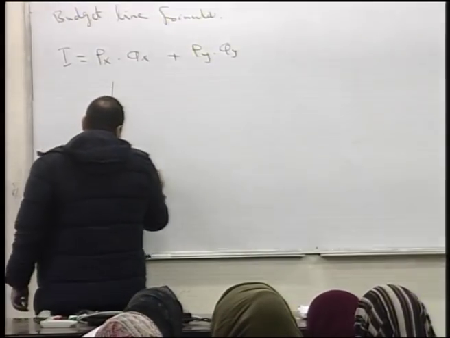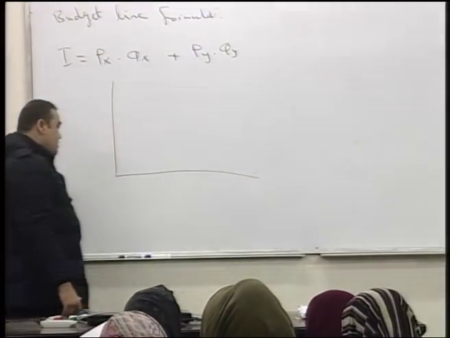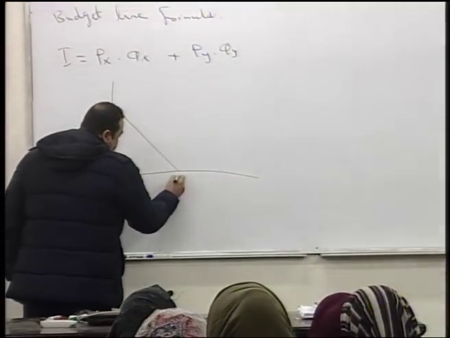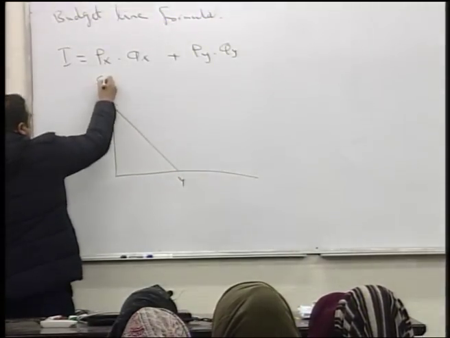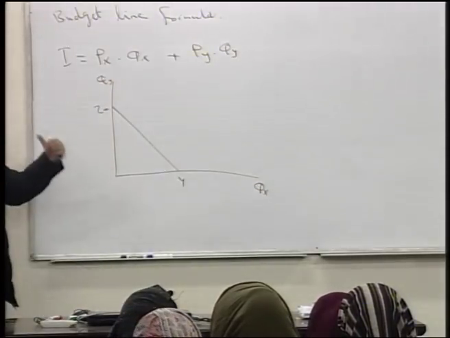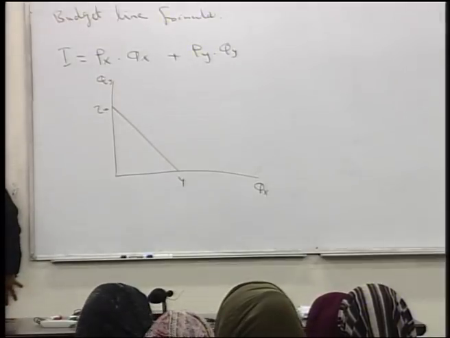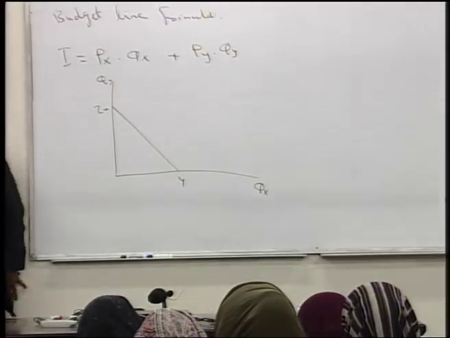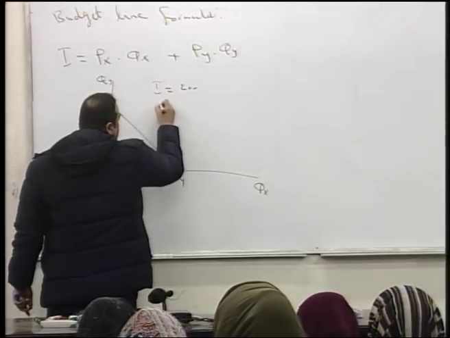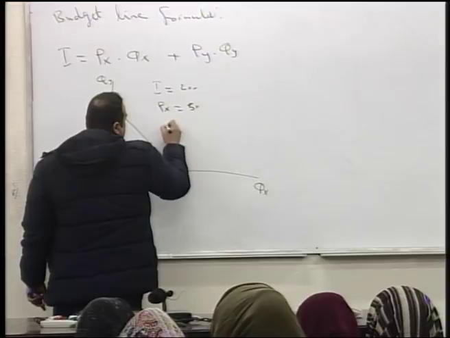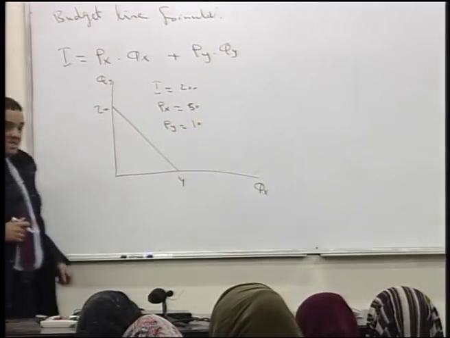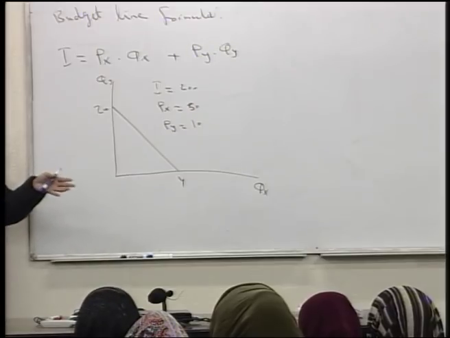Now, if we have the following budget line, 4 and 20, quantity of Y, quantity of X, from the last example we took. We assume the consumer's income was 200, price of X was 50, and the price of Y was 10.